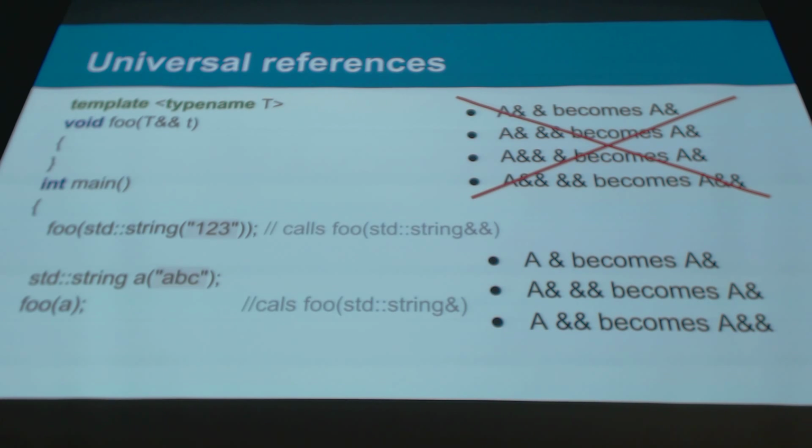But if I put something into this function, then the type can be an Lvalue reference or just a single type, as you can see here. This is the way we can distinguish if someone passed an Lvalue or an Rvalue to a universal reference.